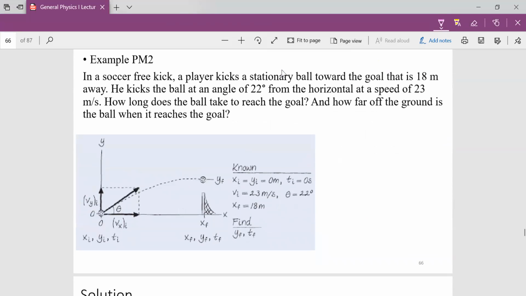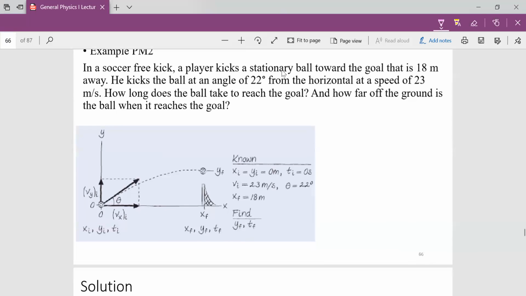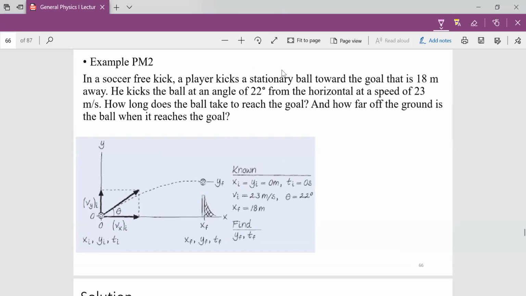So let's see a second example. We have a lot to cover, so let's go a little faster, all right? So in a soccer free kick, I'm sure we are very familiar with this kind of motion. The ball is stationary. Then the player comes, kicks the stationary ball toward the goalpost that is 18 meters away.